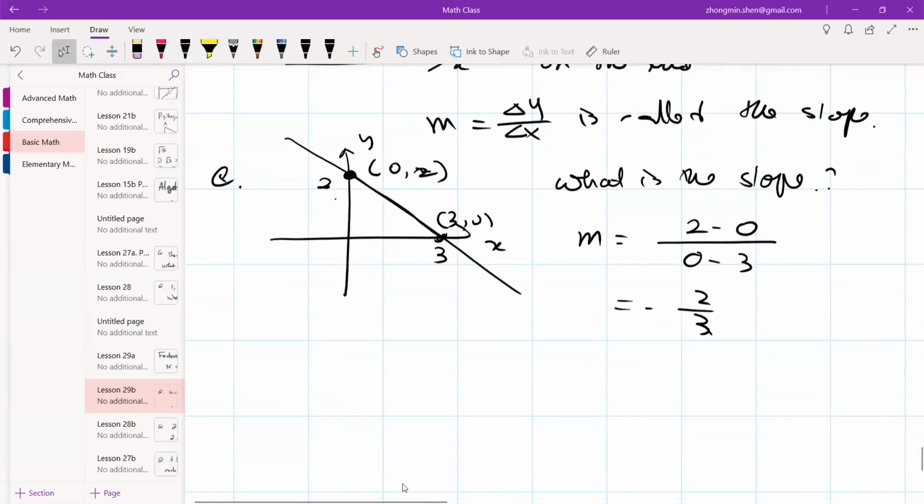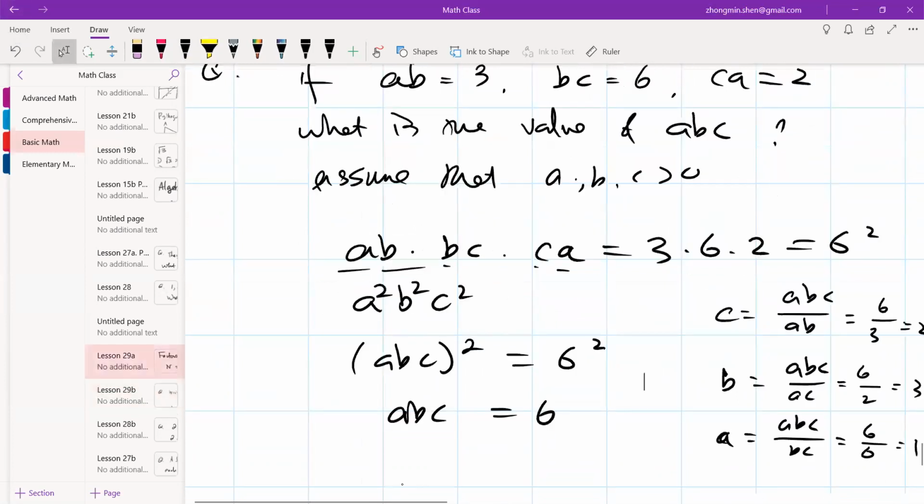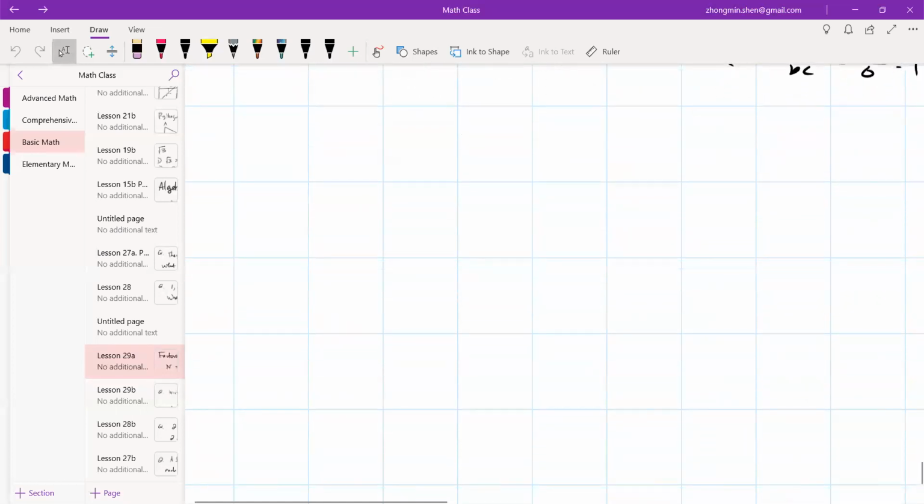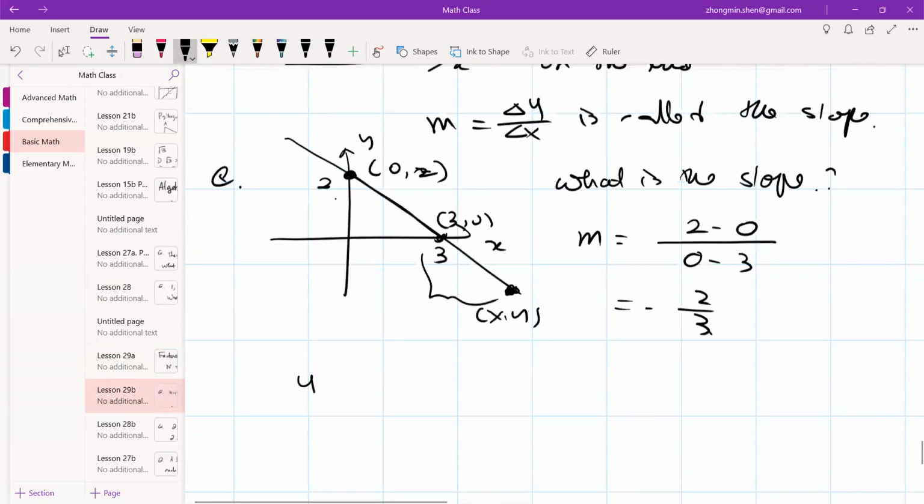Now, with the slope, if I have an arbitrary point, it has coordinates x and y. So I'm going to use this pair of points to find the slope. I use this pair first: y minus 0 and x minus 3.